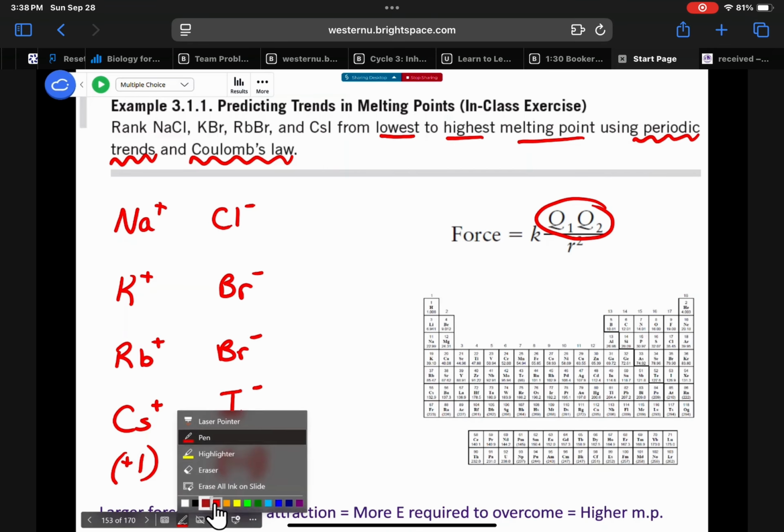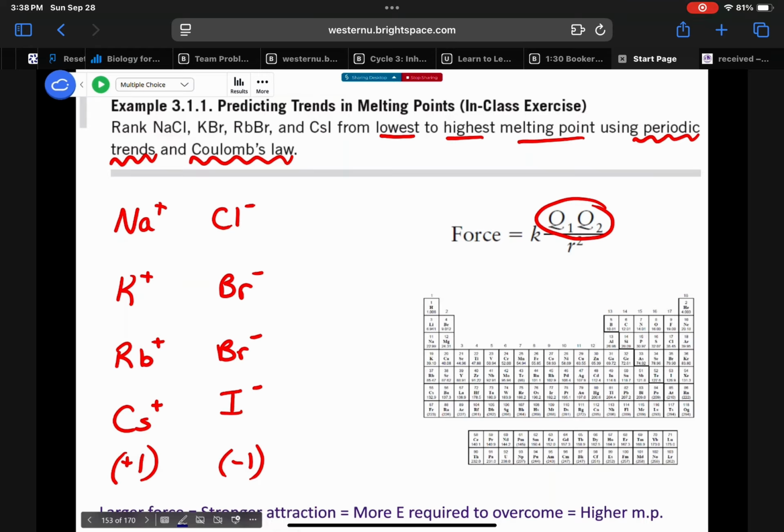However, these ions are based on atoms in different places of the periodic table, and we know how to calculate the distance between these ions, or at least predict the trend. Here we have sodium, potassium, rubidium, cesium. As we go down the periodic table, we know those atoms get bigger.